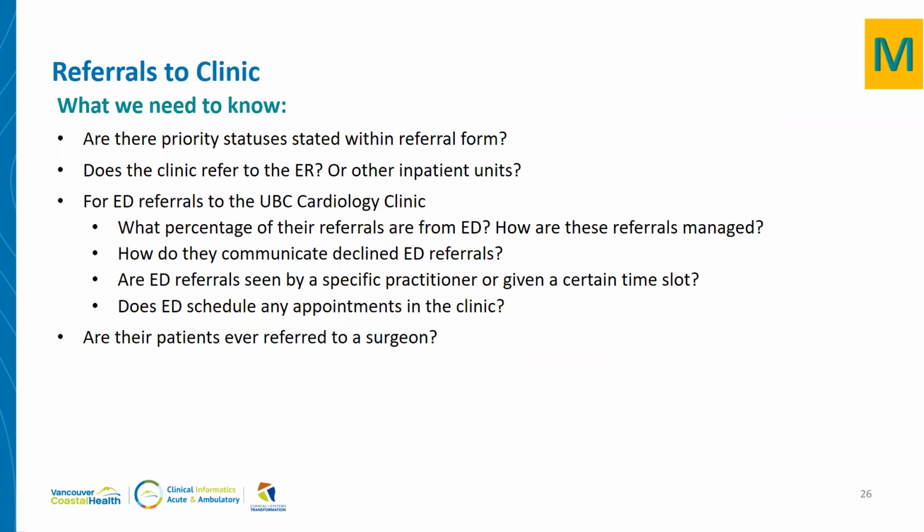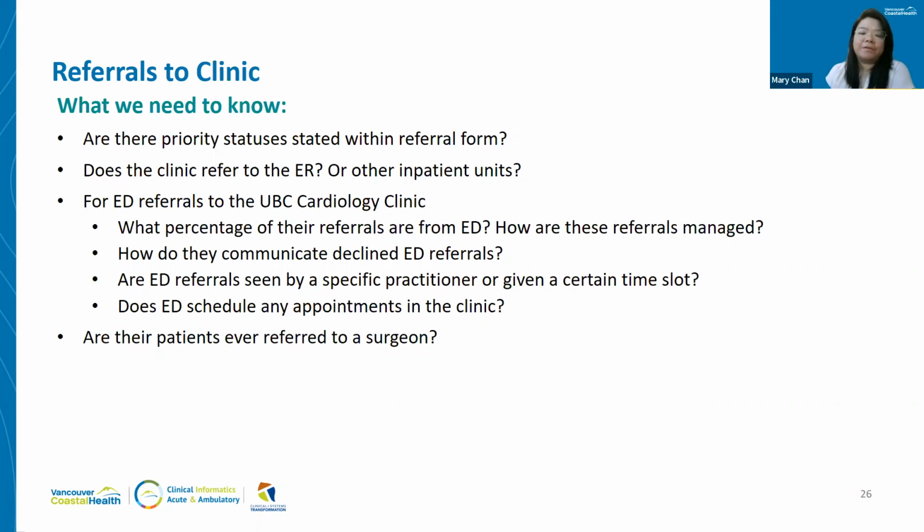Otherwise, they'll probably send them to the VGH STAT clinic, which has a rotation of cardiologists seeing patients within 7 days. Yeah, for the most part, that's how it works for UBC, because there's always one of us on call during the day to take consults, and so that's who they're able to reach. Great. Thank you for that clarification.